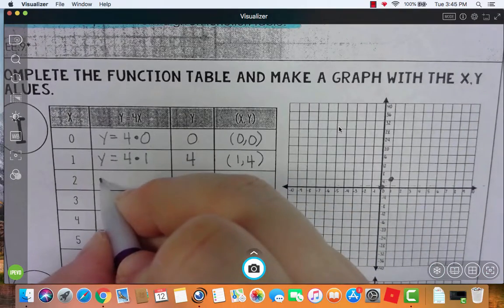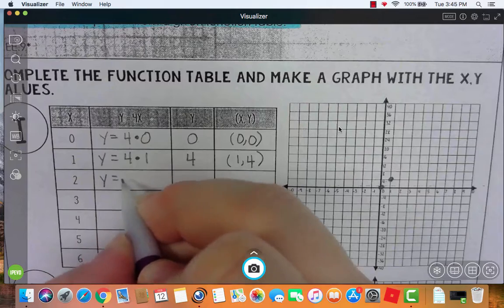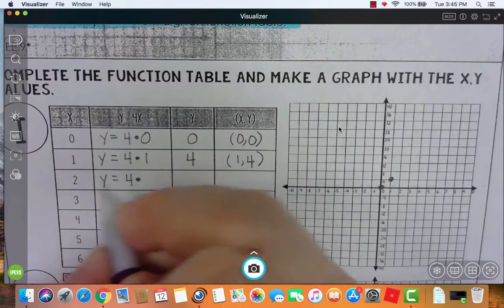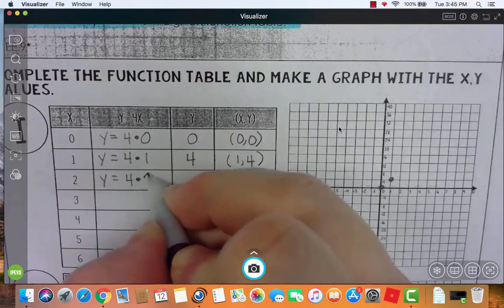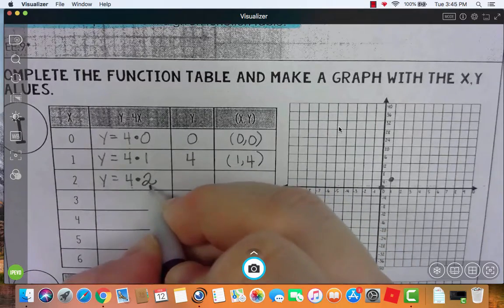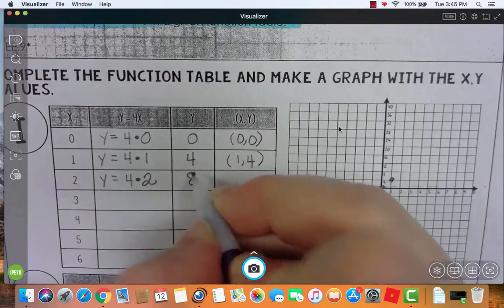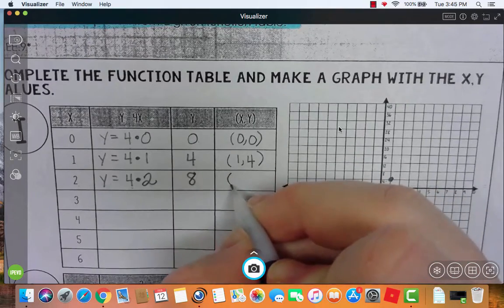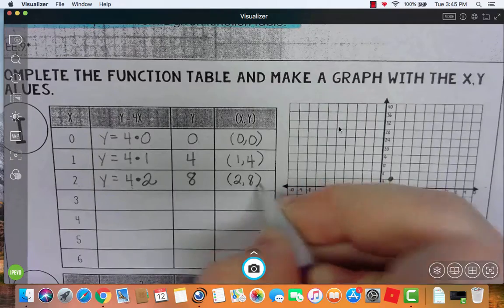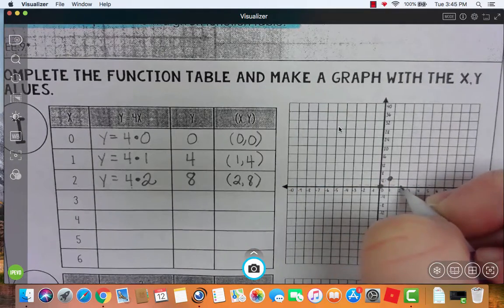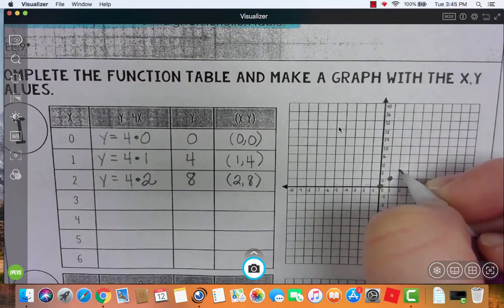So again, rewrite it. Y equals 4 times, this time my x, my input, is 2. I'm going to multiply 4 times 2, and I'm going to get 8. My ordered pair becomes 2, 8. Come over, and I'm going to go up to 8, graph that point.